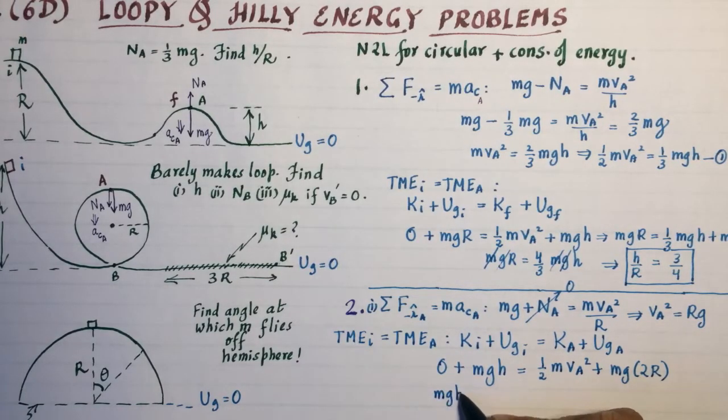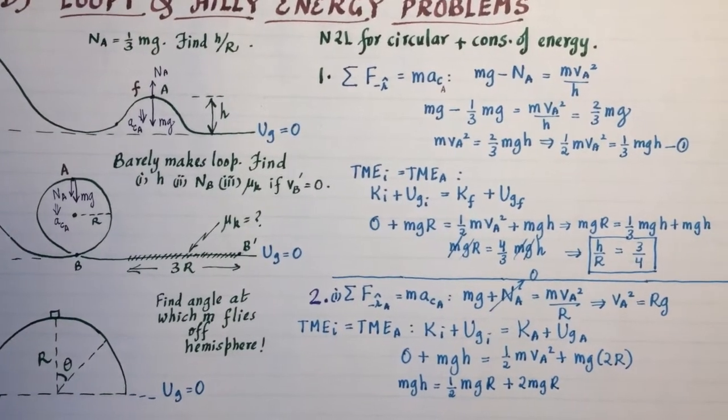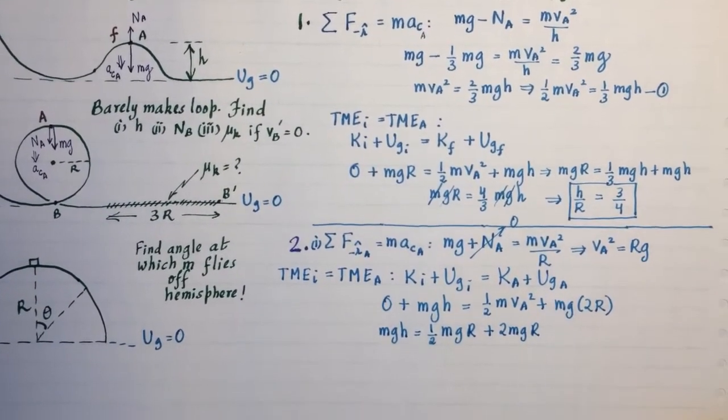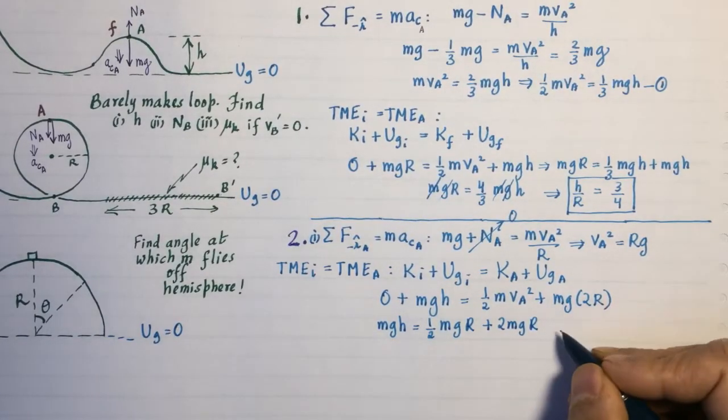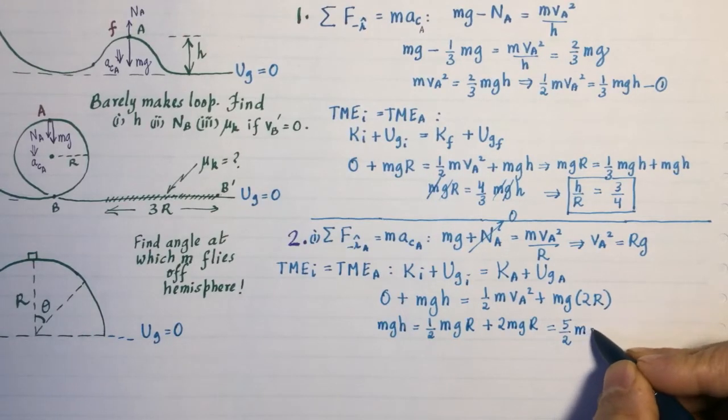I'm going to get mgh equals 1/2 mgr plus 2 mgr. 1/2 plus 2 is 2.5, which can be written as 5/2. So I'm going to get 5/2 mgr.